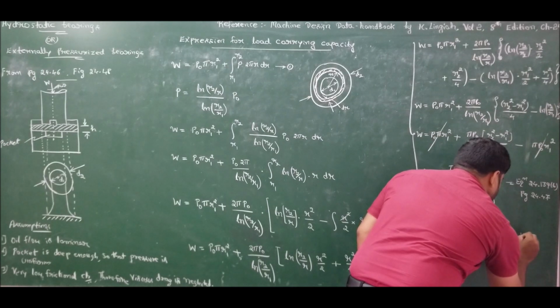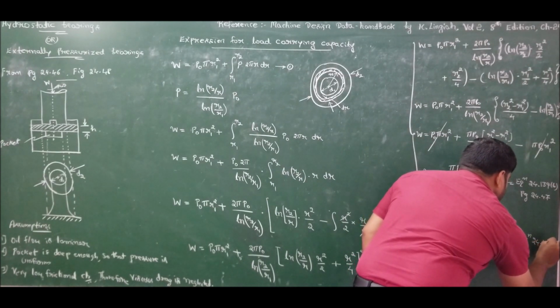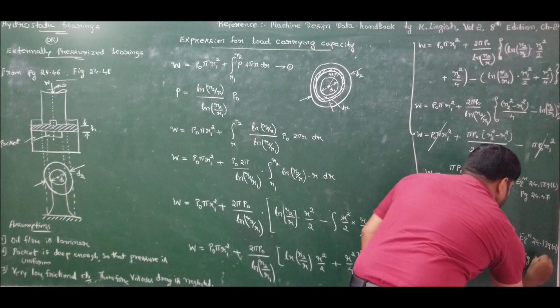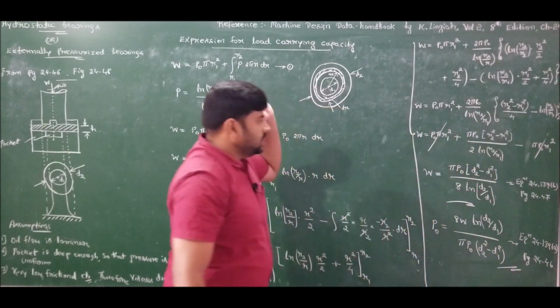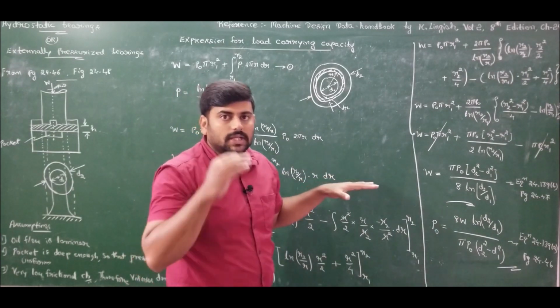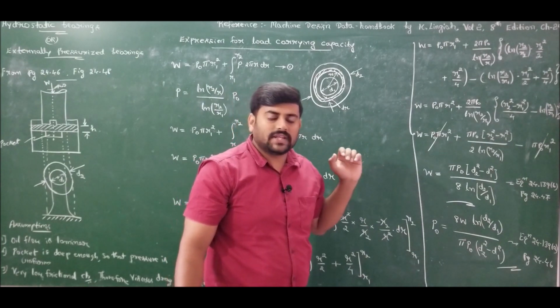This is nothing but equation 24.139a, referring to page 24.46. Let me pause this video for a while so that you can copy it down. Later I will derive the expression for power loss due to friction.